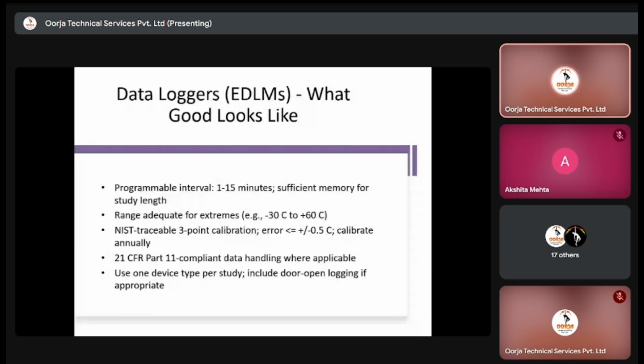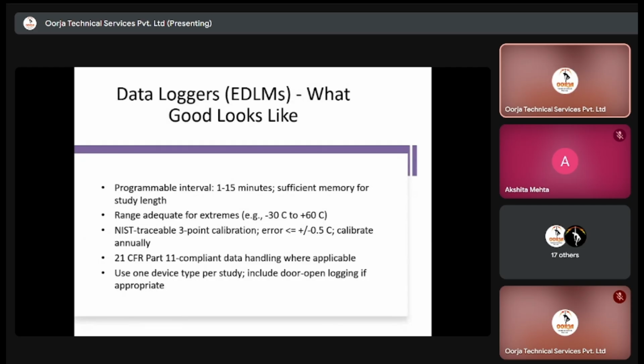Next, the data logger must cover the maximum range, that is from -30 to +60, because this range covers the entire type of storage areas.